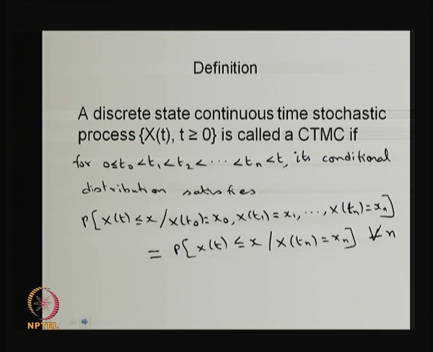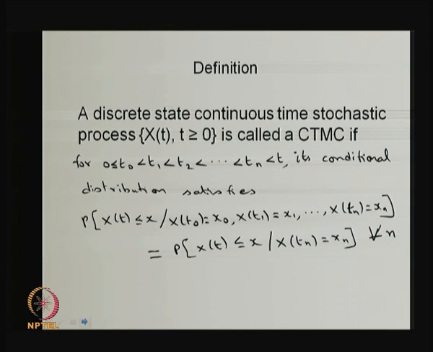Therefore, the state space is called discrete. Continuous time means the parameter space, or the possible values of t, that collection is uncountably infinite. Therefore, it is called continuous time, that means the parameter space is continuous.